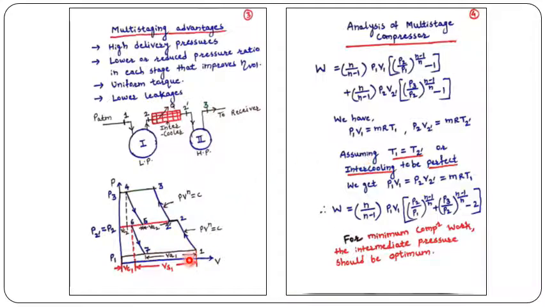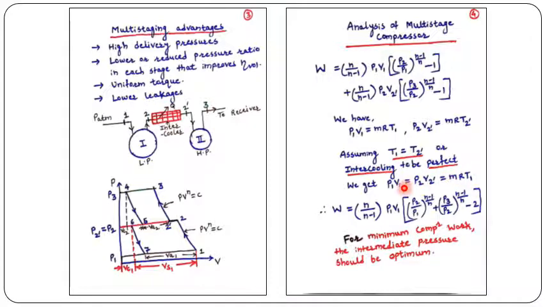Now, if I assume that the temperature T1, which is the inlet of the first stage, is equal to temperature T2 dash, that means the intercooler has removed all the heat which is added in the first stage. So, T1 and T2 dash are the same. If I assume that, then it is called perfect intercooling, and I can write this expression as P1 V1 equal to P2 V2 dash equal to MR T1 or T2 dash.